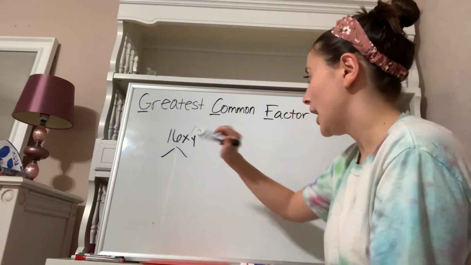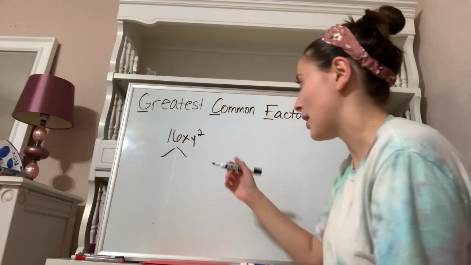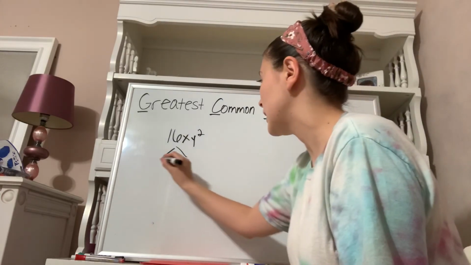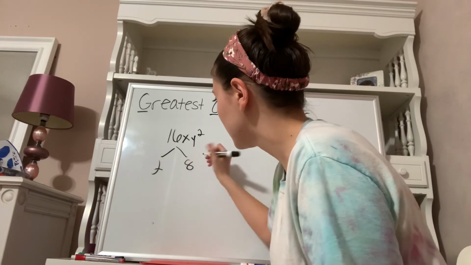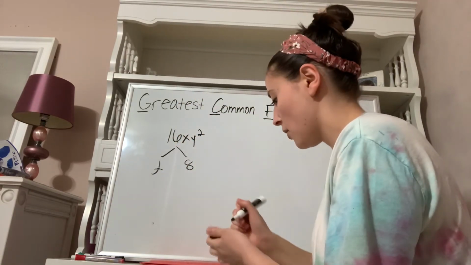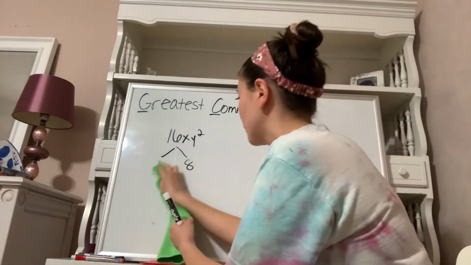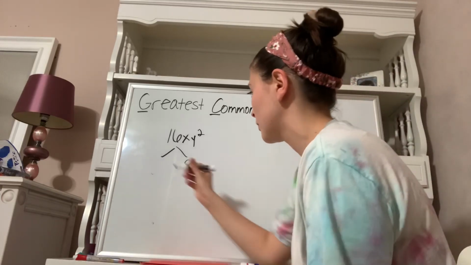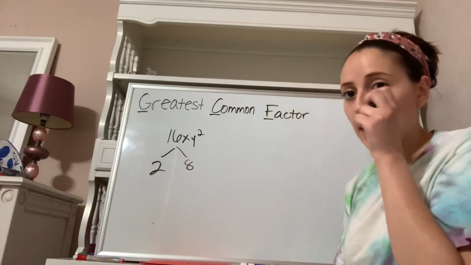So anyway, we have 16, and we know that 2 is the smallest prime factor. So if you plug into your calculator 16 divided by 2, you would end up getting 2 and 8. Sorry, these markers are acting weird. Okay, so 2 and 8.